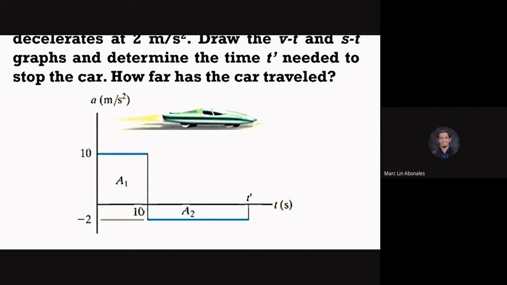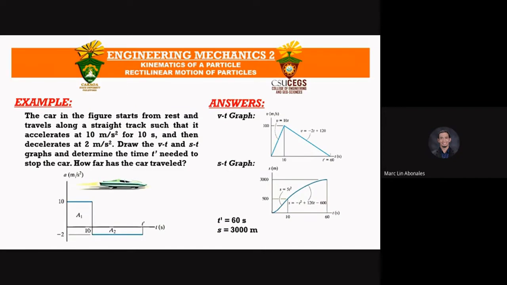Okay, so I zoomed in, this is the AT graph. This is the basis for us to construct the two graphs, which are the VT and ST graphs. Before I proceed, I hope that you have your ball pen, your calculator, your paper or notebook beside you.